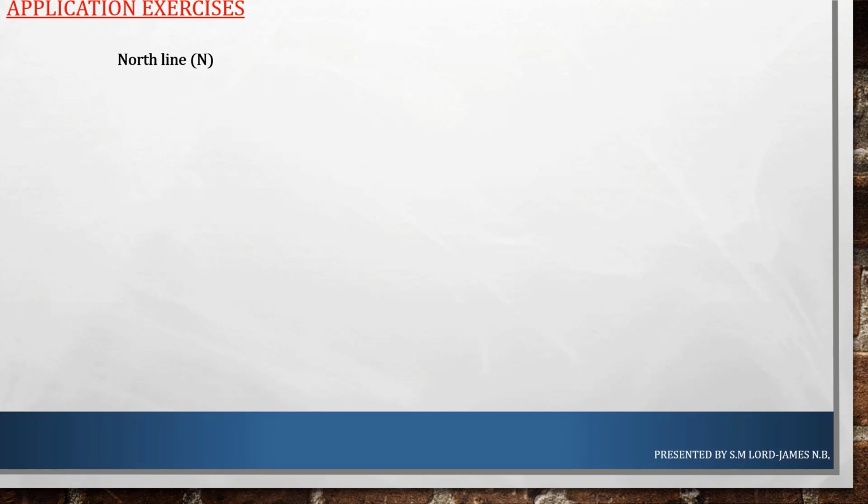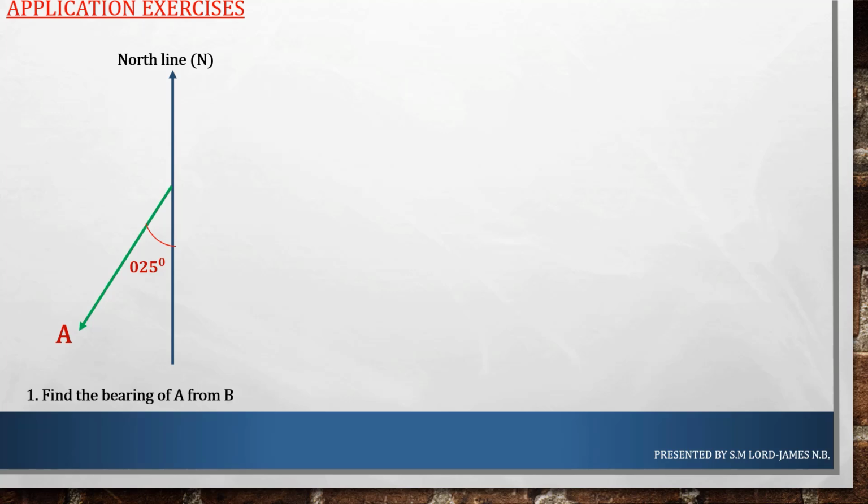Let's take another set of exercises. We are given this diagram and we are asked to find the bearing of A from B. So this point is the point B. The bearing of A from B will be the equivalent clockwise measurement of the angle from our north line to A. But we saw previously that from this point right up to this point, that is a straight angle which is equivalent to 180 degrees.